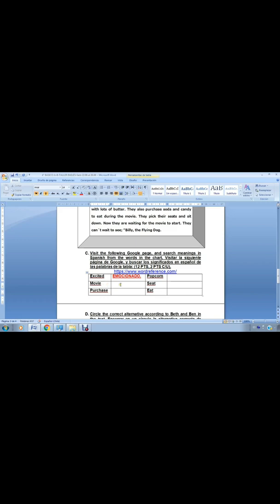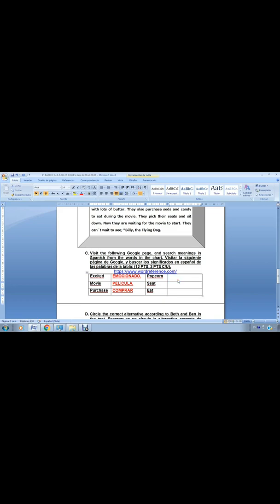The next word says movie. La siguiente palabra dice movie, that in Spanish means, que en español significa película. And the next word says, la siguiente palabra dice purchase, that in Spanish means, que en español significa comprar.